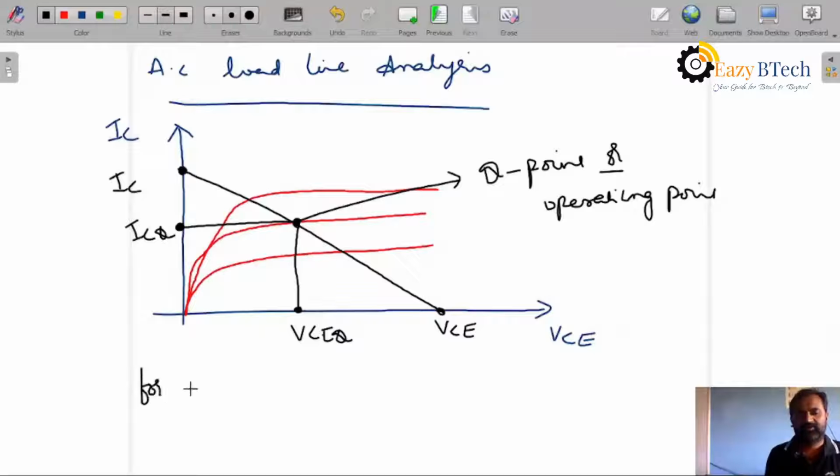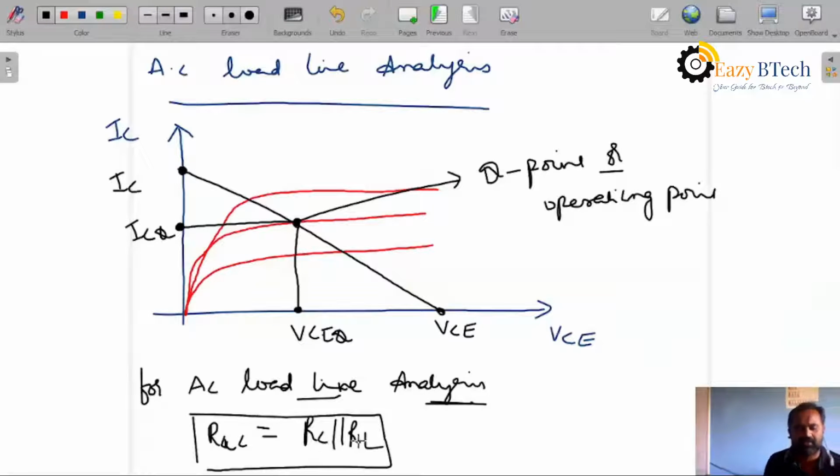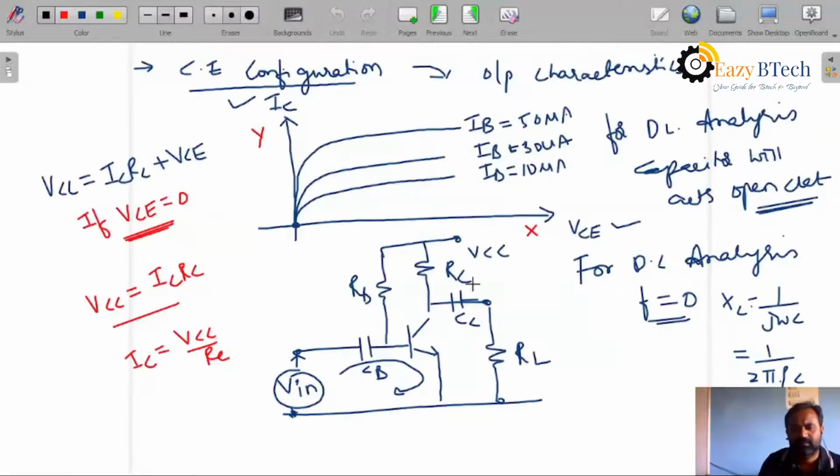For an AC load line analysis, we consider the output resistance RAC is equal to RC parallel to RL. You can see here, this RC and RL become parallel, RC parallel to RL, by considering the AC signal.